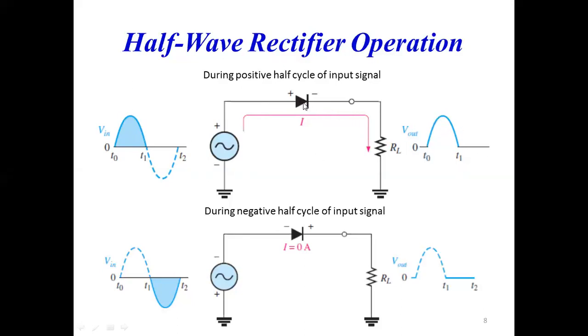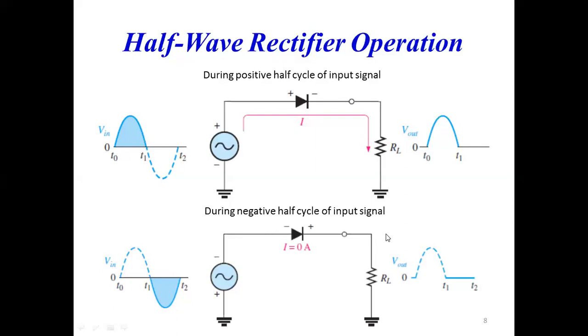Now students, we know that in forward bias condition, only after the cut-in voltage will your diode turn on. So not exactly at 0, but somewhere here at 0.7 volt, your diode will start conducting, and you will get such an output voltage for the period T0 to T1.